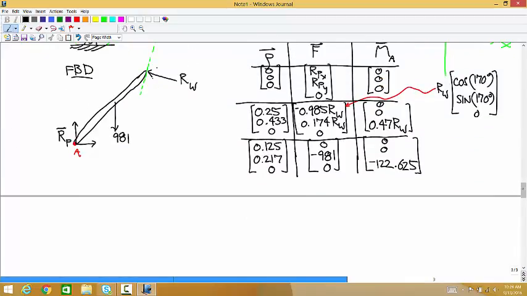Yeah, and the last one? Well, I didn't use angles to do it. I just averaged. I imagined the origin being at A, and so the coordinates at A are 0. The coordinates here are 0.25, 0.433. Average those two to get the midpoint.